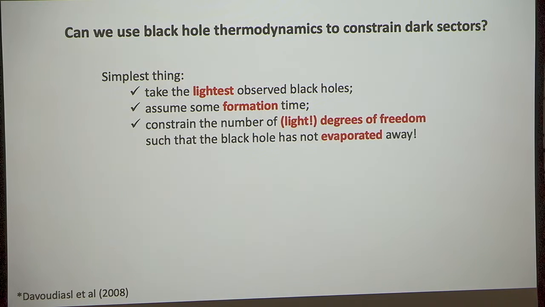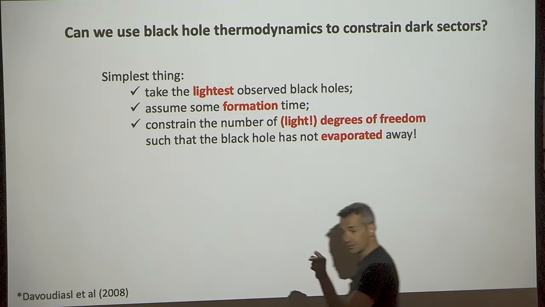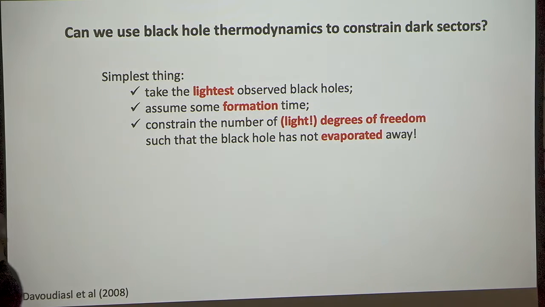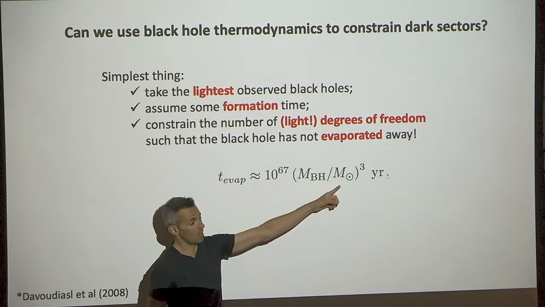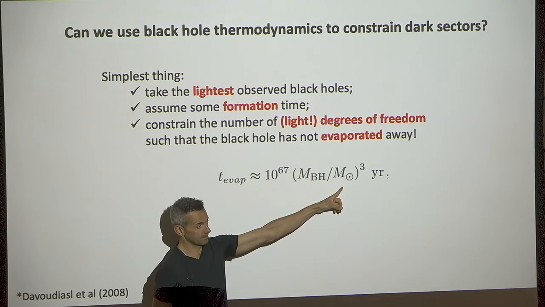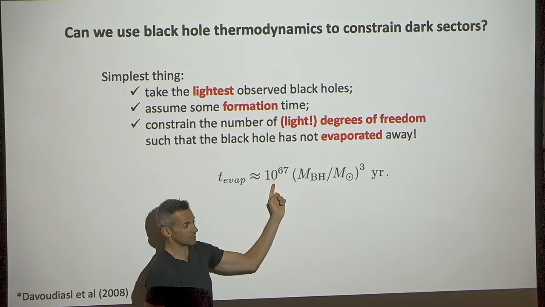And then you can constrain the number of light degrees of freedom, because if there are too many light degrees of freedom, the black hole would have evaporated away and would not have survived. It's actually an estimate that you can do in one line. The black holes that we know exist are about stellar mass, and so they have a lifetime of 10 to the 67 years.